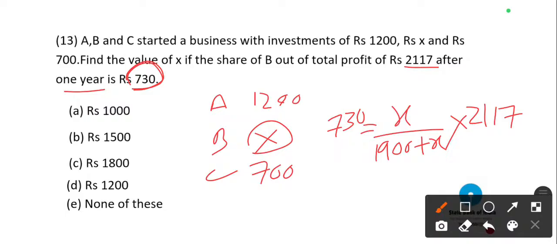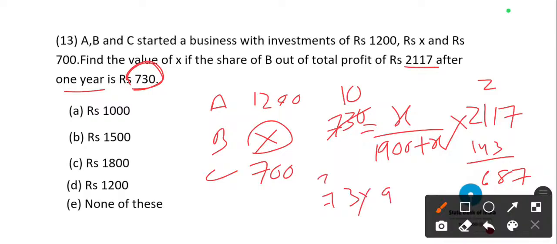Here, 73 10 times, 73 2 times will be 146. 146 we subtract from this one. We have 8, 7, and this will be 687. 73, 9 times: 9 3 times 27, 9 7 times 63. Here we have 5, it is 657. So it will be 27 times.